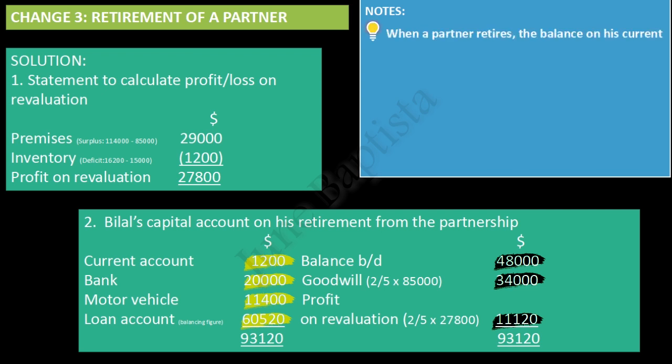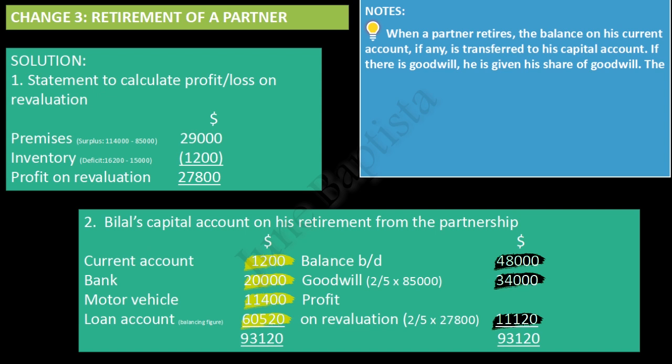Notes: when a partner retires, the balance on his current account, if any, is transferred to his capital account. If there is goodwill, he is given his share of goodwill. The capital account is then closed after the balances, if any, are paid to the retiring partner.